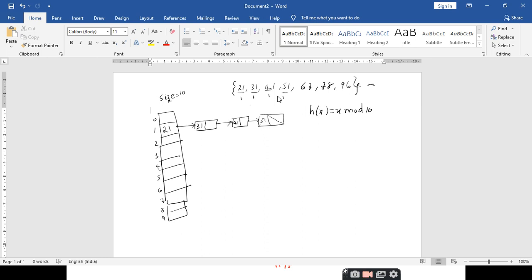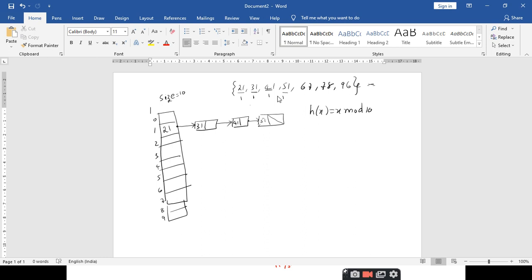So you can observe here that 31, 41, 51 are not using the locations of the hash table. So this is the first difference I have explained to you. The separate chaining may not use all the locations of the hash table. Why? Because they are going to form new links or new chains when a collision occurs.